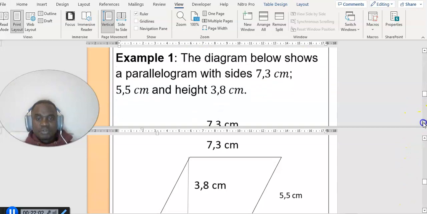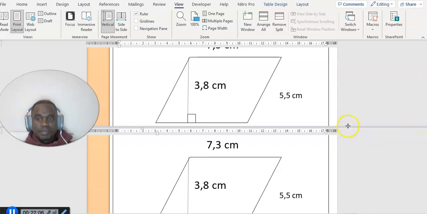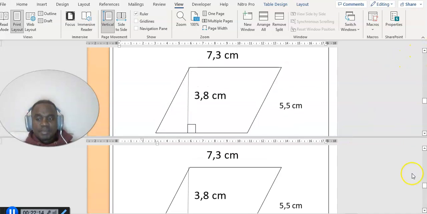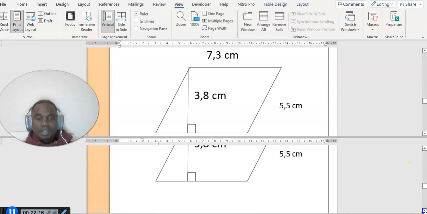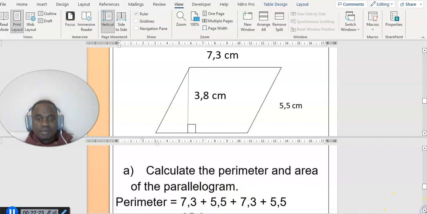What do they want us to do? Let me bring the parallelogram here. Then calculate the perimeter and area of the parallelogram. So first we are going to calculate the perimeter. You know the perimeter is the distance around this object.